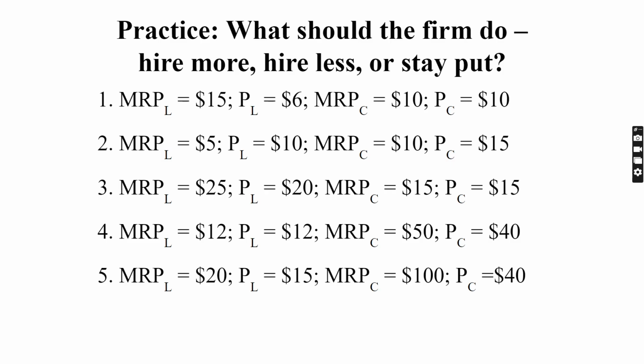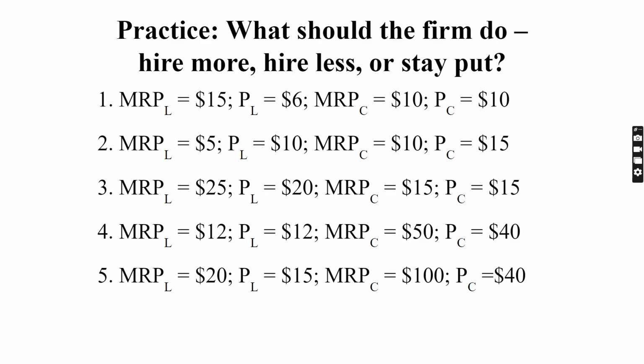And so with the first one, you would put 15 over 6 for the marginal product per dollar of labor, and 10 over 10, which is the marginal product per dollar of capital.